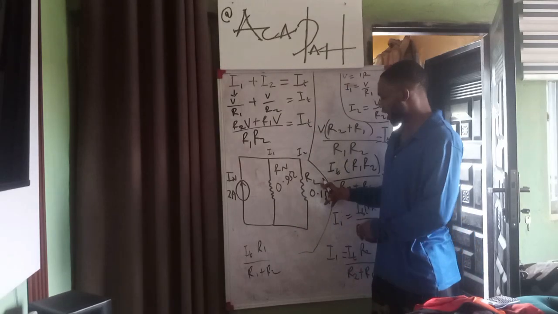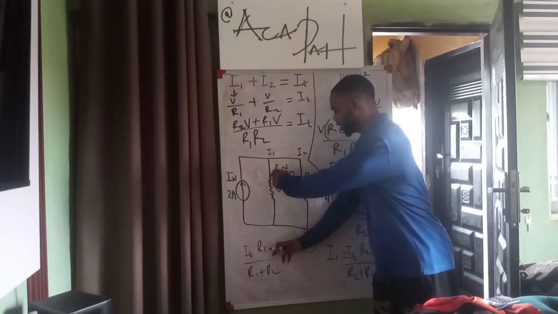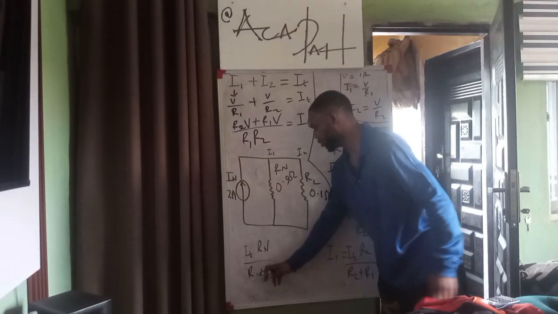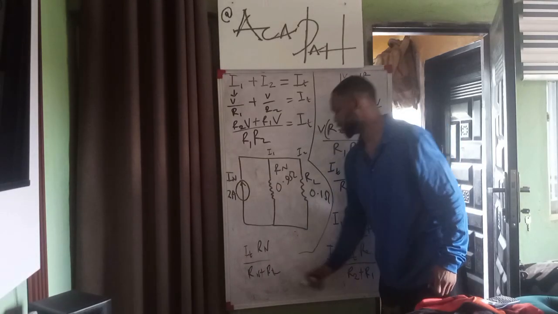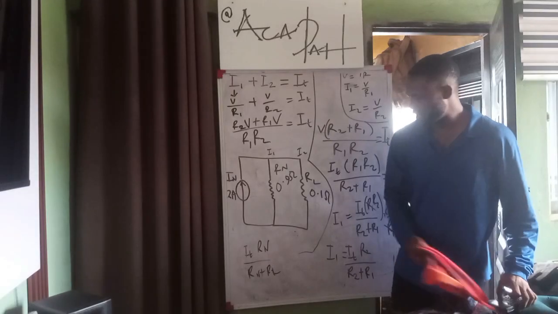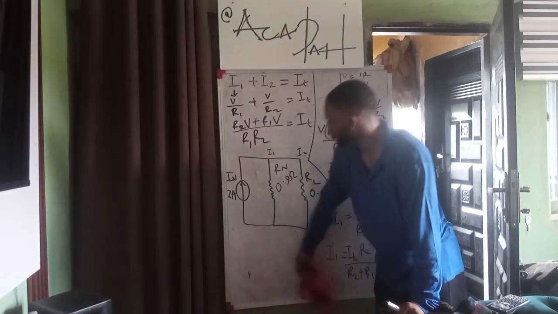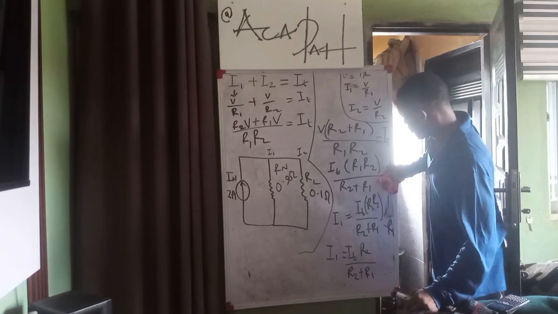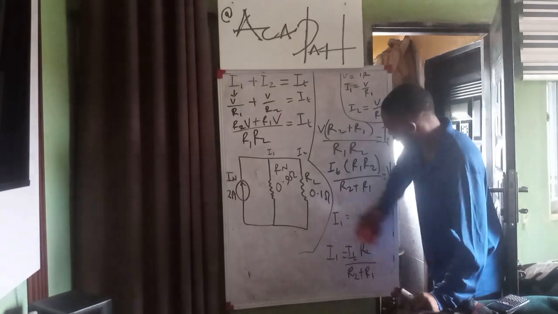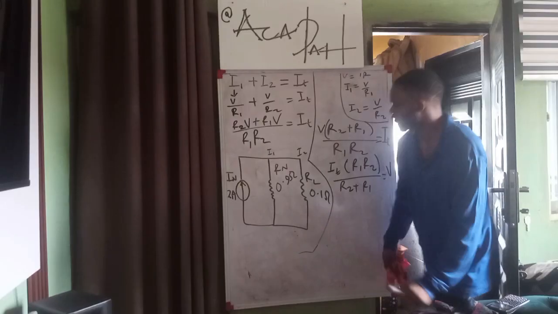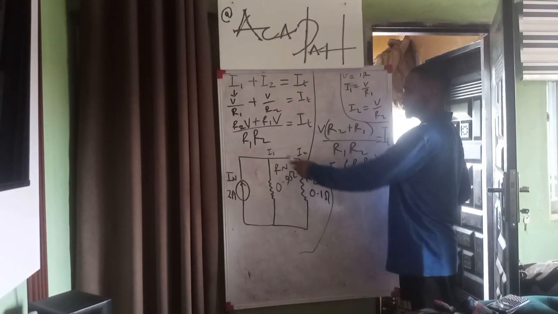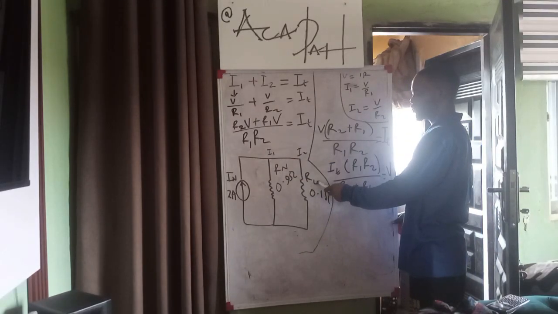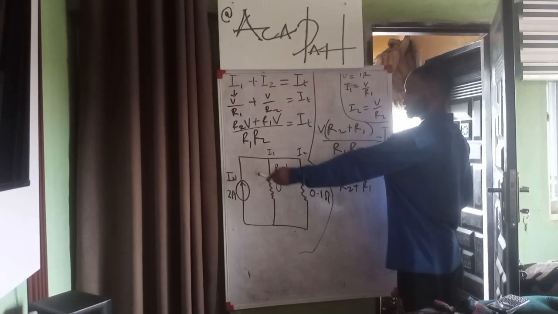So if I want to find for RL now, it will be the opposite resistor, which is Rn, all over Rn plus RL. But if we don't want to do it like that, and we want to solve, let's solve for I2. If you check the I1 that we did, it's simply the opposite resistor all over the two of them, times the total.